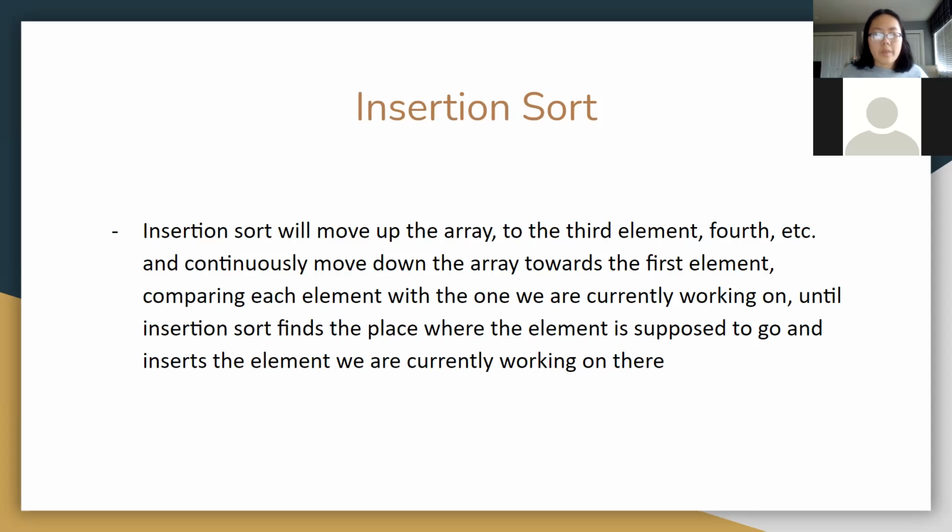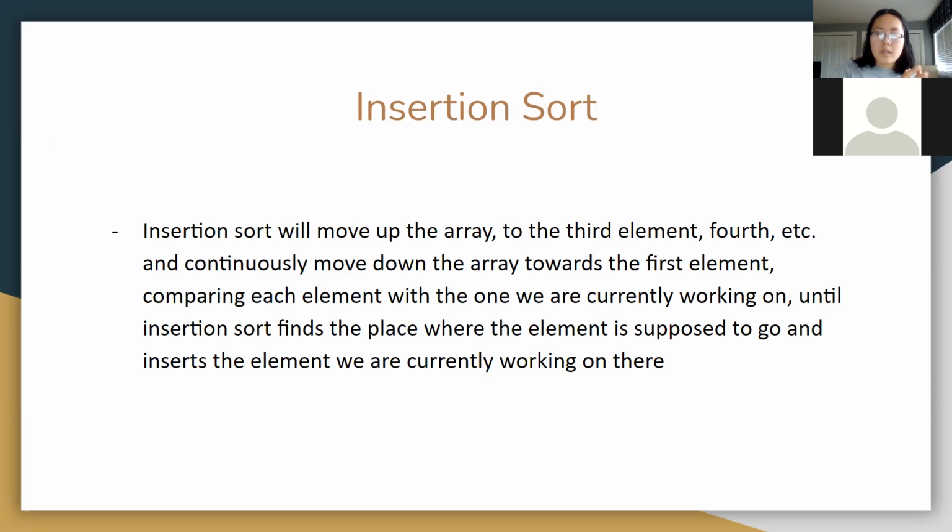So with the element that we are currently working on, let's say we're trying to find out where the third element is supposed to go. It'll first compare the third element with the second element to see if it's out of order. If it is, then the third element will compare with the first element.